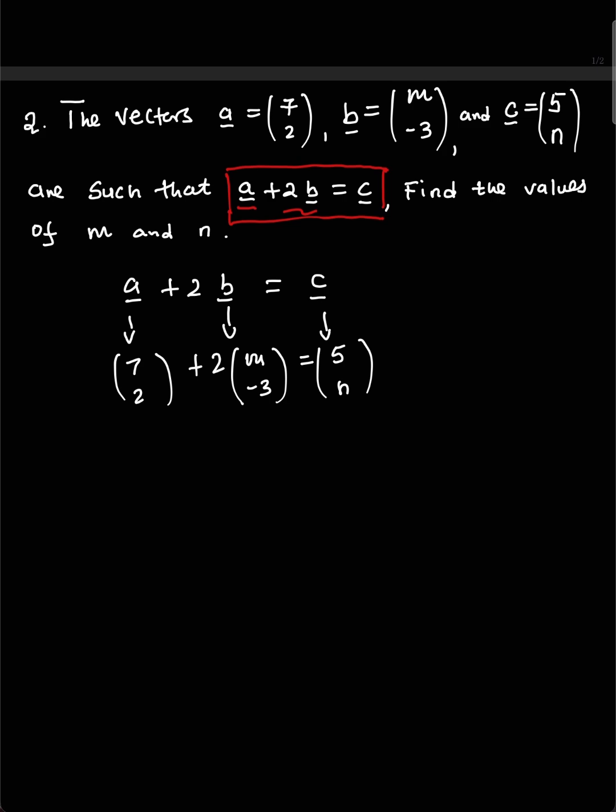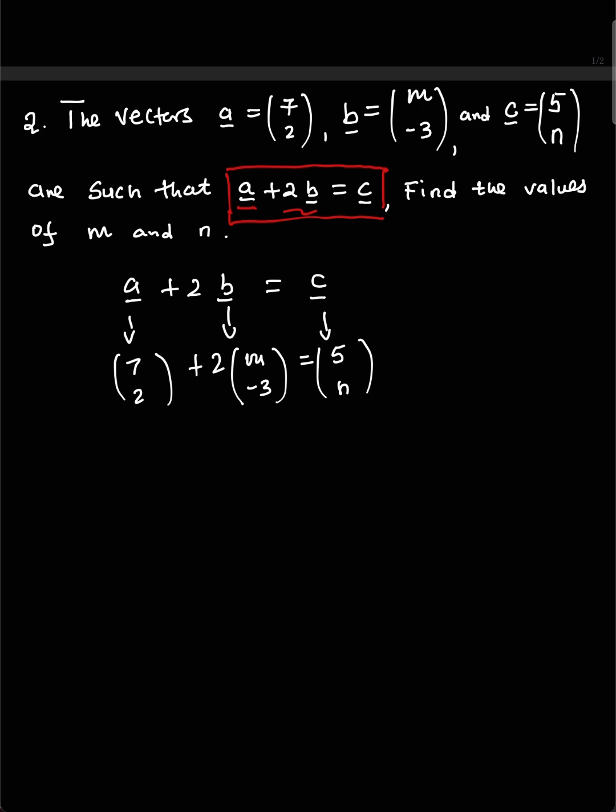Okay, that's what you want to do. Then what it means here is you can see that when we add vector A to twice vector B, we should get vector C. Okay, so vector B has been multiplied by 2. We call this number a scalar, okay? So how do you handle a scalar? If you have a vector B multiplied by a number outside, that number should multiply every entry of that vector.